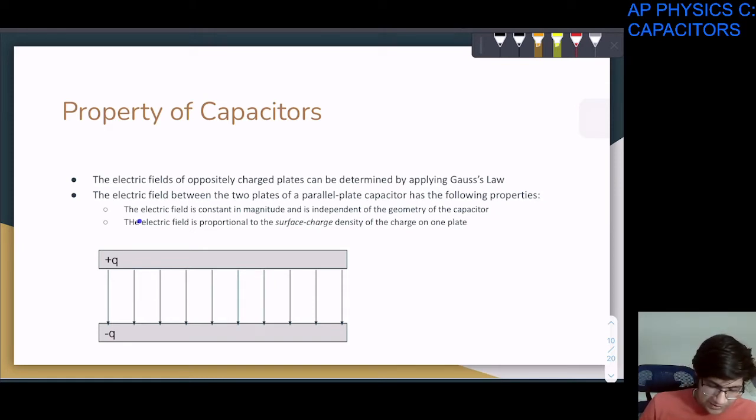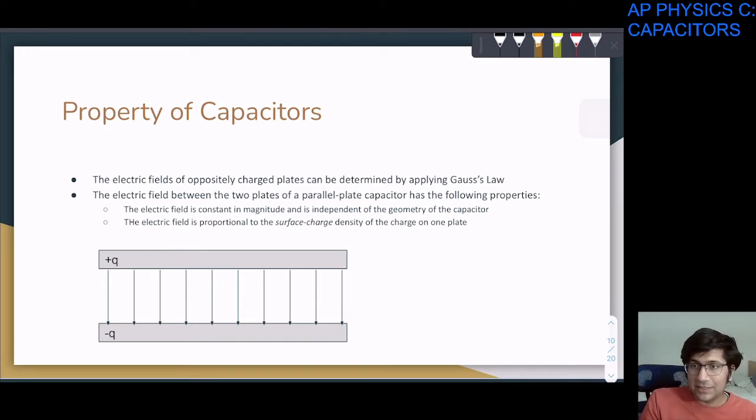Now, the electric field is proportional to the surface charge density of the charge on one plate. So all this is saying is that if you want to determine the electric field, it's proportional to the surface charge density. One thing just to recall real quick is that we said that for conductors, you place a charge on a conductor, it'll evenly disperse.